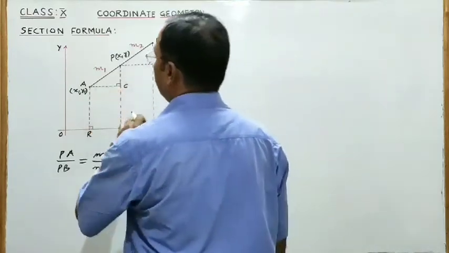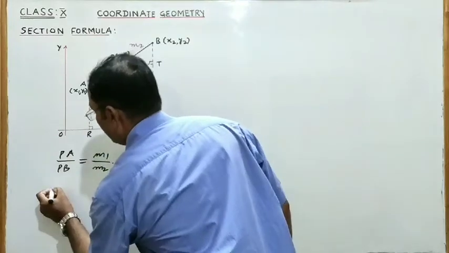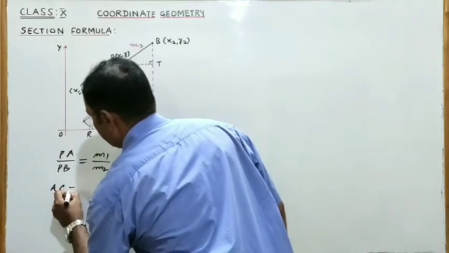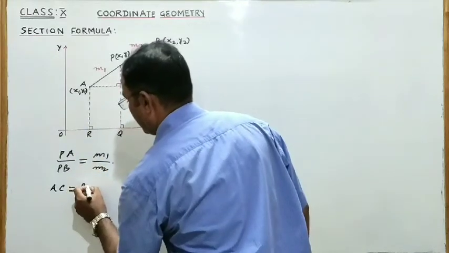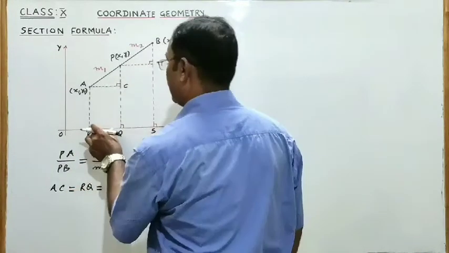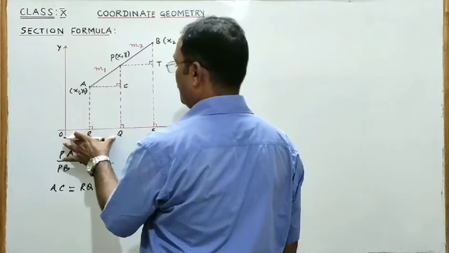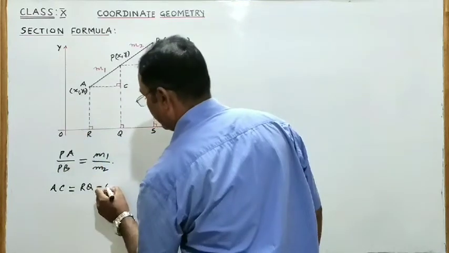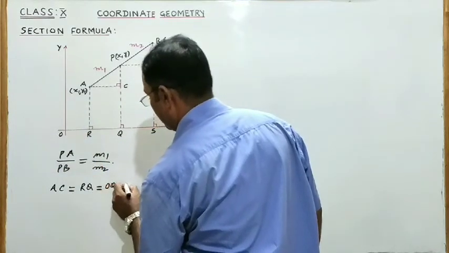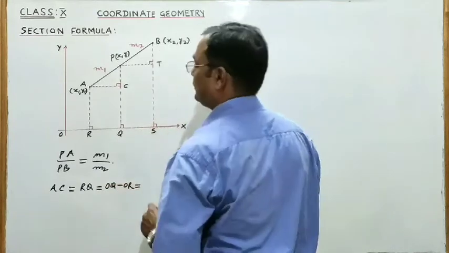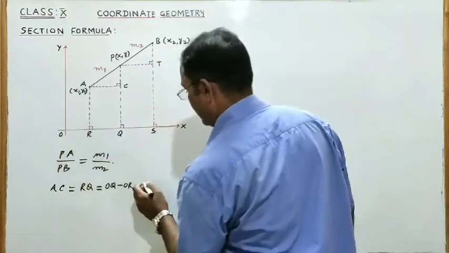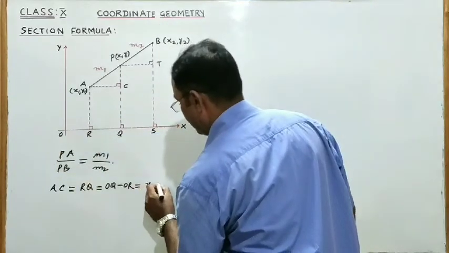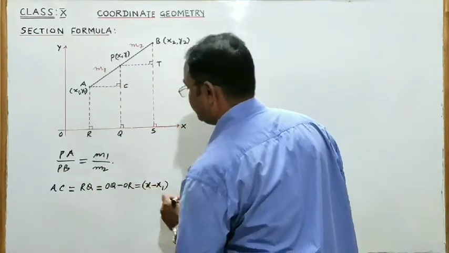So from here, AC is equal to RQ, and RQ is equal to OQ minus OR. OQ is x and OR is x1. So x minus x1.